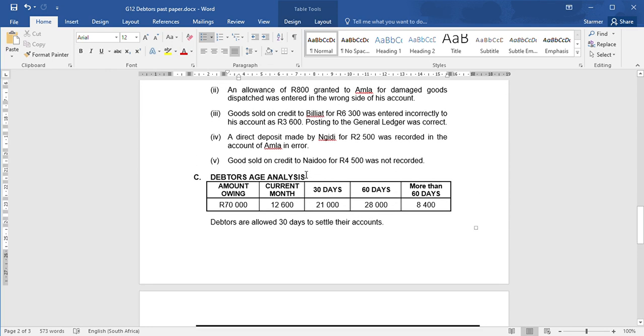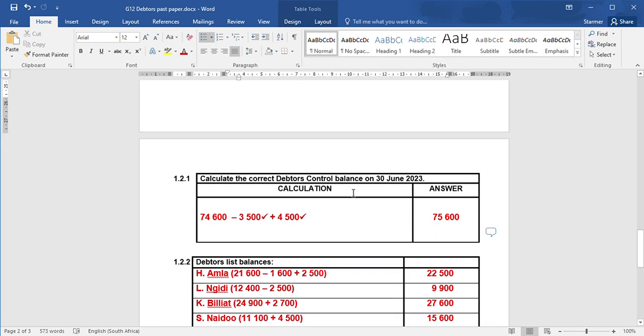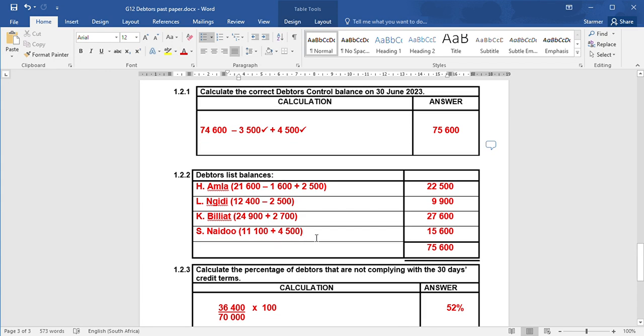Alright, and then goods sold on credit to Naidu, 4,500 Rand, was not recorded. That means our debtors control account balance is too low. We need to add 4,500 Rand here, and Naidu also owes us that 4,500. You then work out the total, you add up each debtor, and this 75,600 must be the same as the 75,600 in the debtors control.